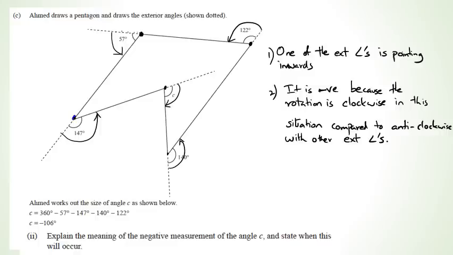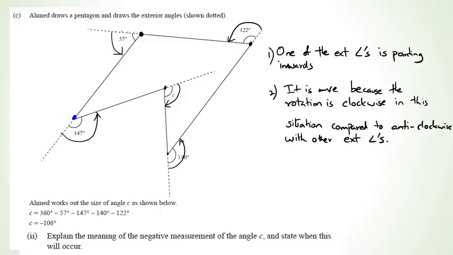I could have started from this point here and first off go this way. I'm just giving this as an example, guys. I could work backwards as well, but it's not going to work in this, so just ignore that last part. I don't want to confuse you. Let's just stick to this. But you've got to mention the clockwise and the anti-clockwise part because that's what's going to make the angle negative.